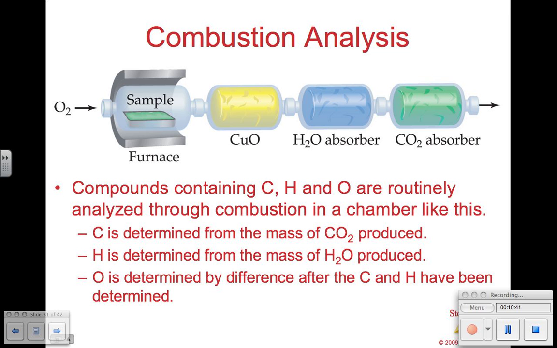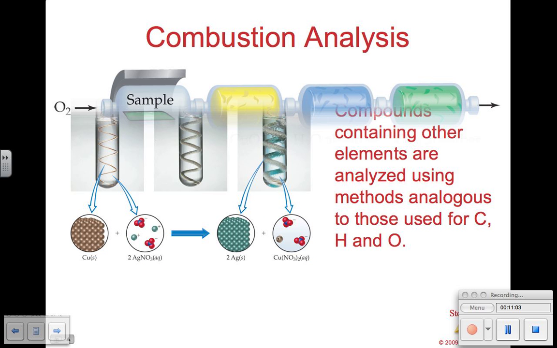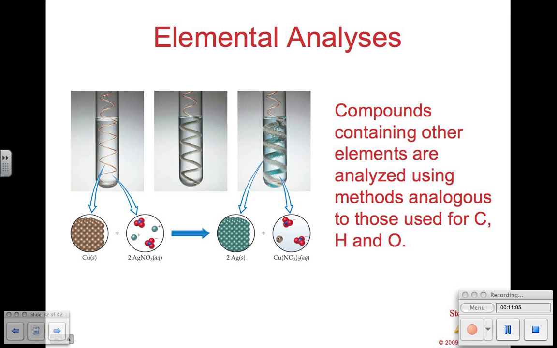So you would determine how much carbon dioxide came off and how much water came off, and you would then be able to determine how much carbon and hydrogen was in the compound, and then figure out how much oxygen was also there by process of elimination. And lastly, there are other ways to analyze compounds to determine what is in there, and we'll do a variety of laboratory examples throughout the course.